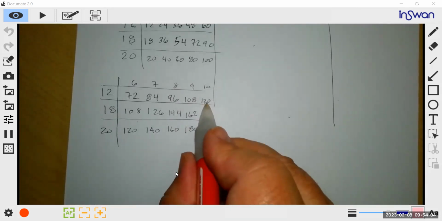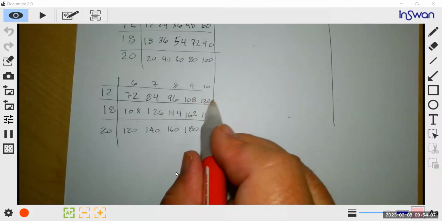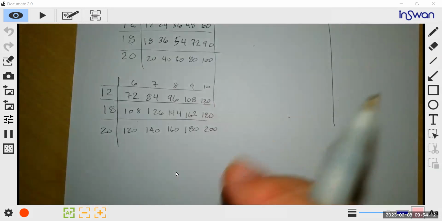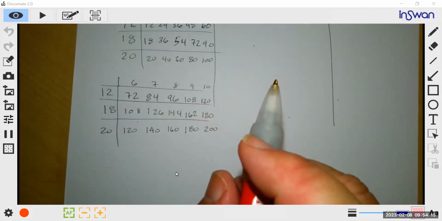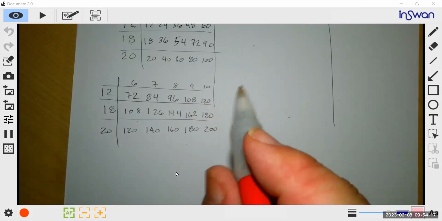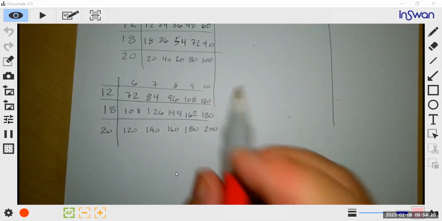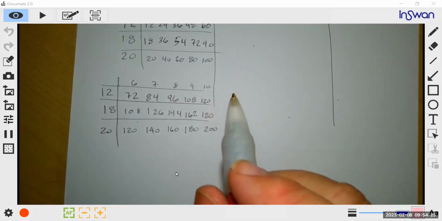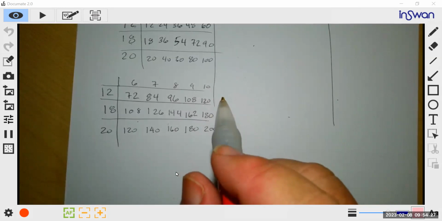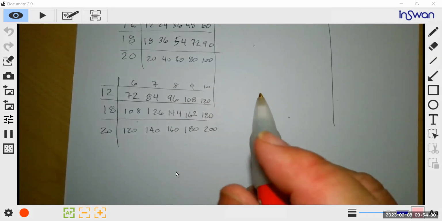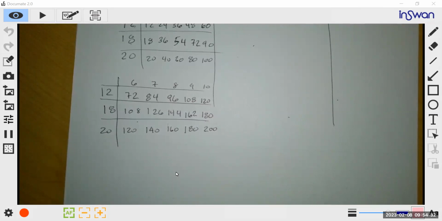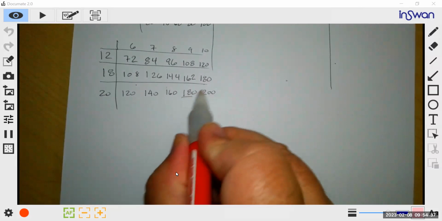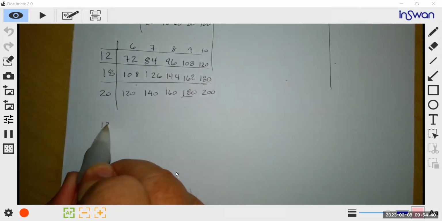This one's 180, this one's 136, 148, 160, 172, no. 140, it's 144, 156, 168. Yeah, it's 180. So we have to go up to one more set, because this one has 180, this one has 180, and the 12.